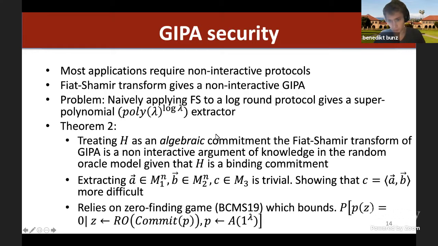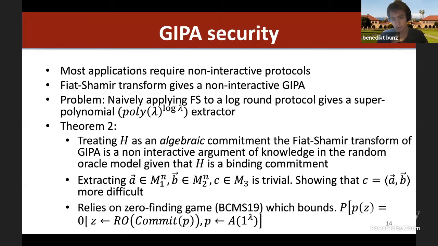So we at least somewhat alleviate these concerns by showing that if we treat H as an algebraic commitment, so we look at H in an algebraic group model, or what we call an algebraic commitment model, then the Fiat-Shamir transform of GIPA is a non-interactive argument of knowledge in the random oracle model, given that H is a binding commitment.